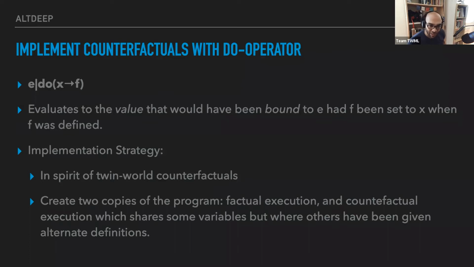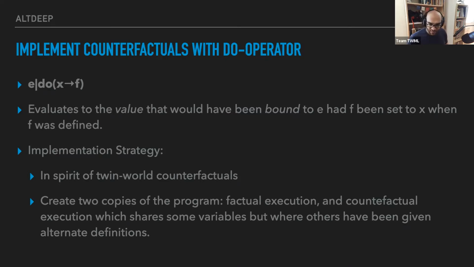Here we're explicitly representing the order of control flow, the flow of evaluation in a program, and we're saying we have this expression that corresponds to the value that would have been bound to a named variable if another variable had its value set to a specific value X when that variable was first defined.